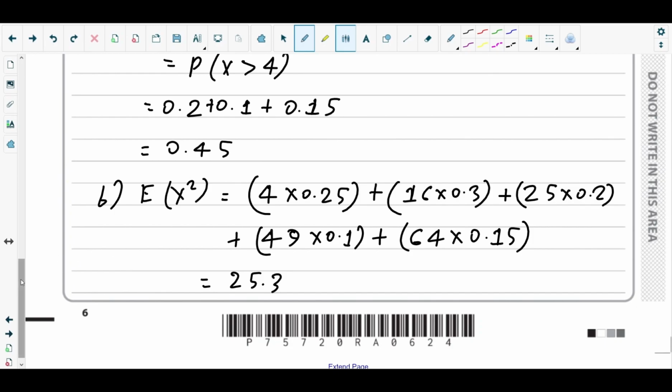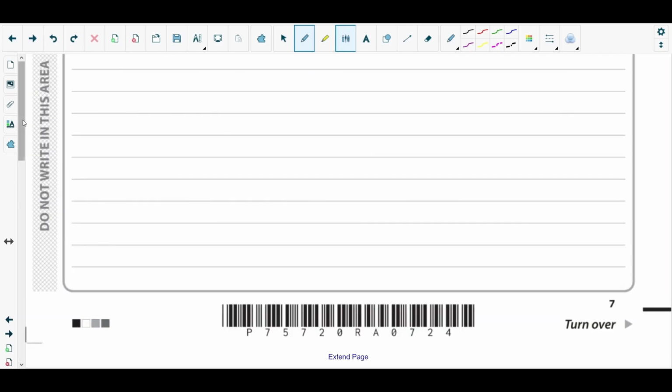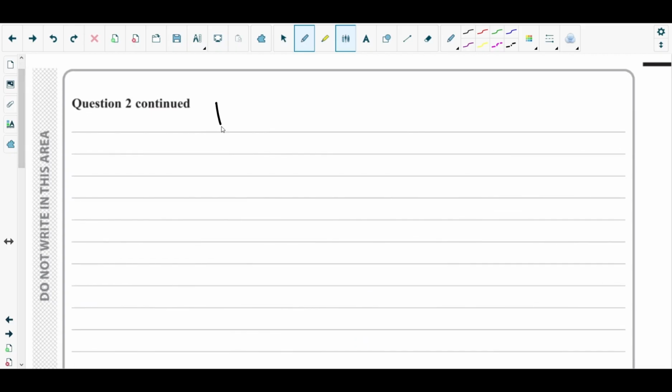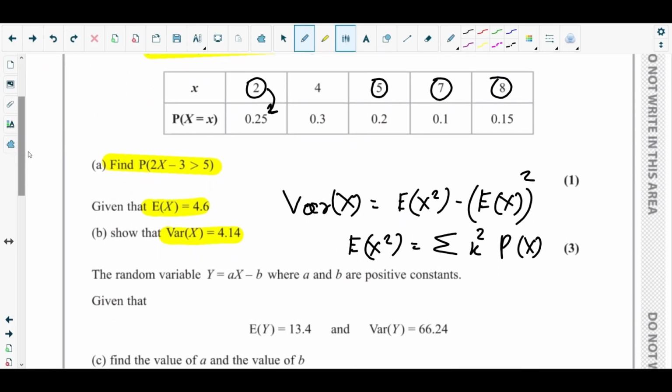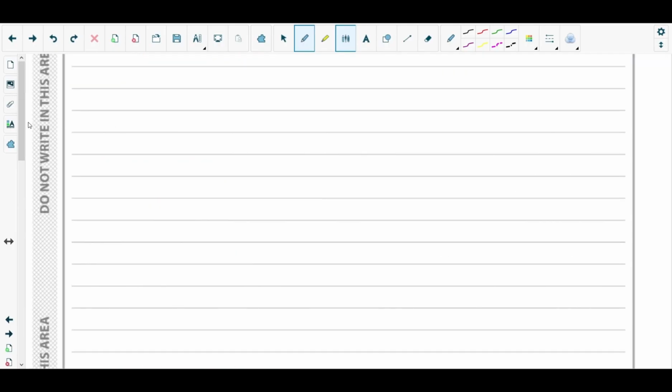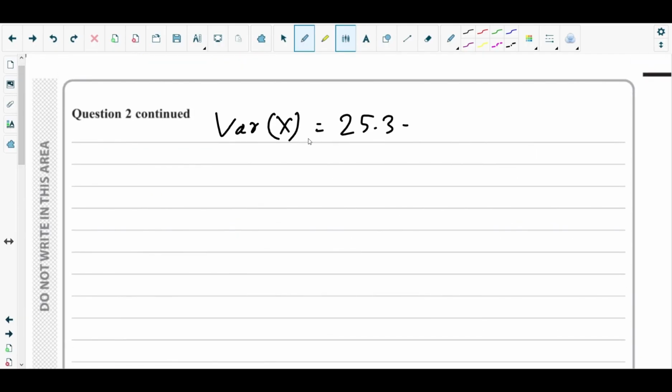Now it's time to find out the variance of x. So variance of x is what? Expectation of x squared, that is 25.3, minus the expectation of x whole squared, right? So expectation of x is given as 4.6, so that would be 4.6 whole squared. So 4.6 squared, what would be the value?